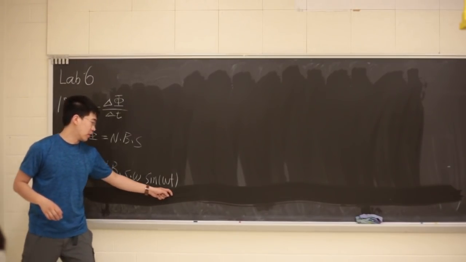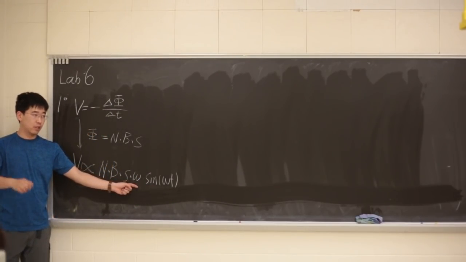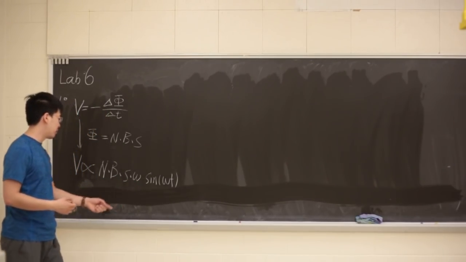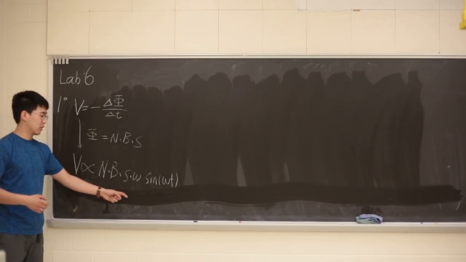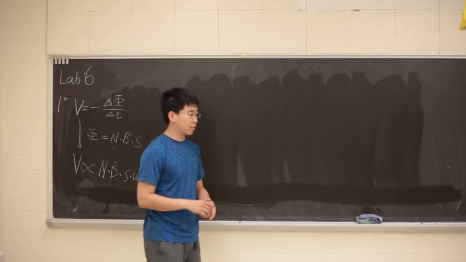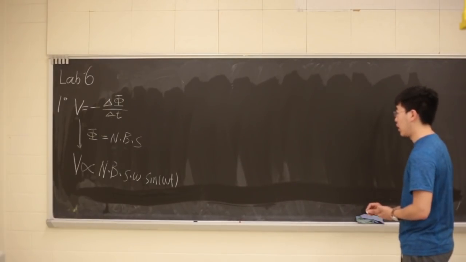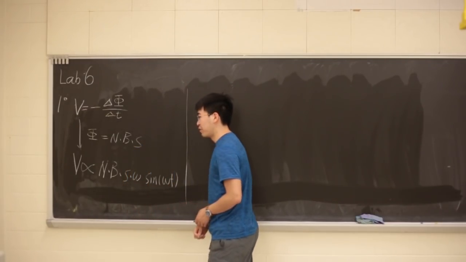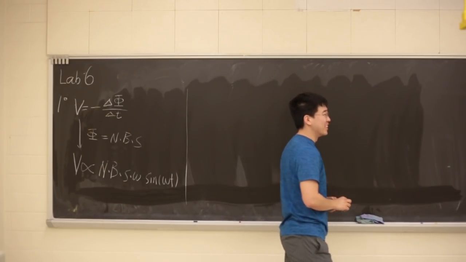You see, because you have omega t, sine omega t, the faster the turn, the brighter the light bulb is, or the more voltage comes out. The more coils, the bigger the area, the bigger the magnetic field, the more voltage should come out of it. That's quite straightforward. Regardless, for the detail of the mathematics, please check Lab 6 concept, AC generators.